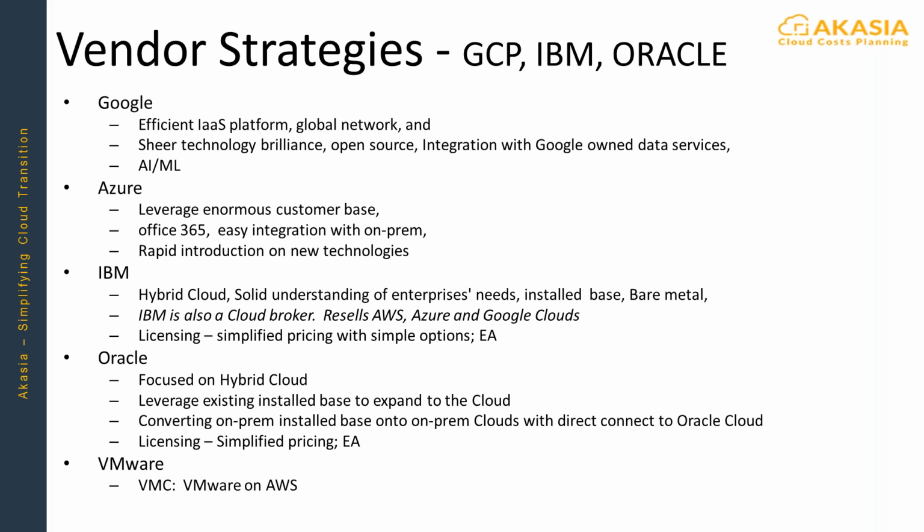And the interesting thing is that IBM competes with all of them, but at the same time, they partner with them. So they have recognized that large enterprises may want to tap into Google or Amazon or Azure. At the same time, they have offerings which are attractive to the enterprise, such as bare metal cloud and such. So they provide everything in one shop.